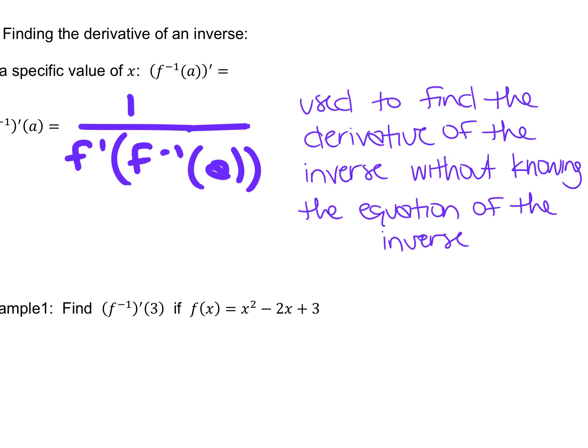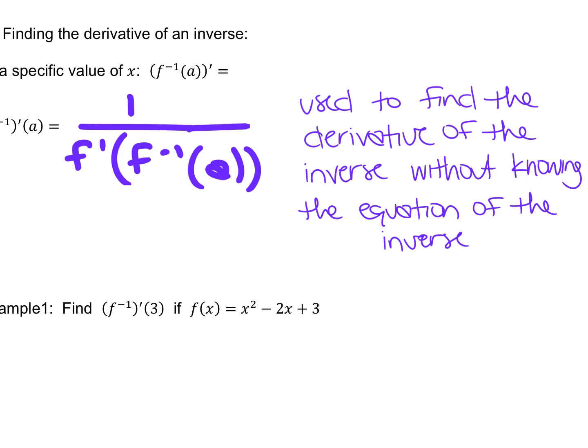Okay, so as you finish writing that, the point of this is, without this kind of formula, to do this process, you would have to take a function, switch its x's and y's, solve for y, that gives you the inverse function, plug your value into the inverse function, and then plug that value into the derivative of the original function.